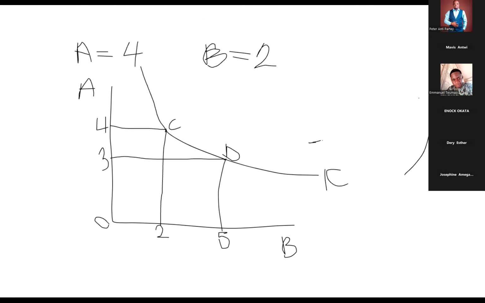If you have a question, put it in the chat box. I will address it. Please repeat what you said about the point on the indifference curve.